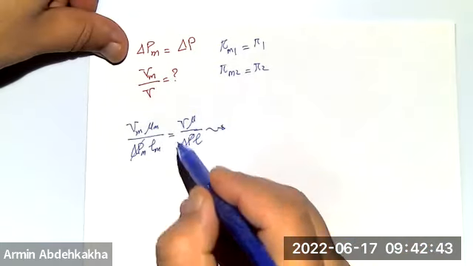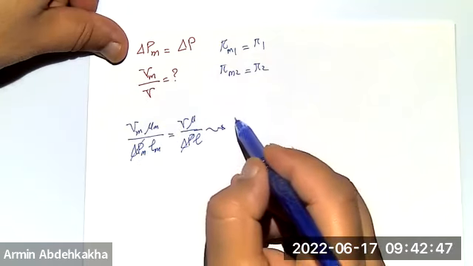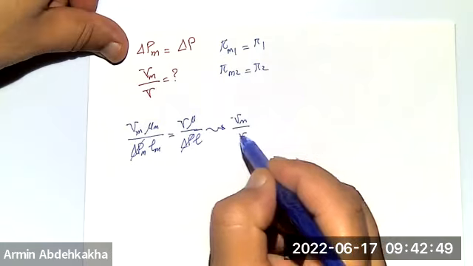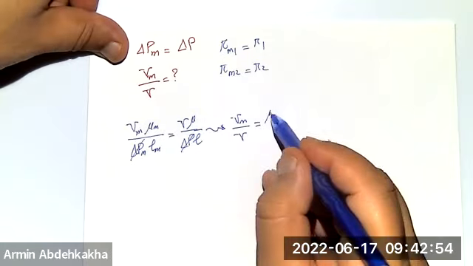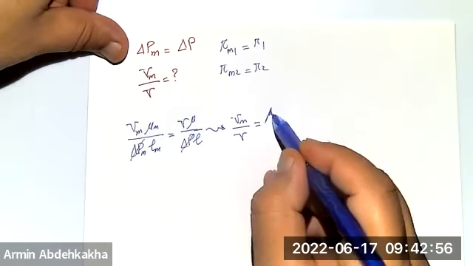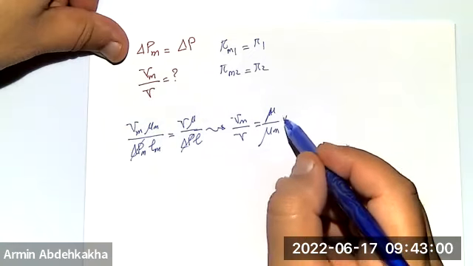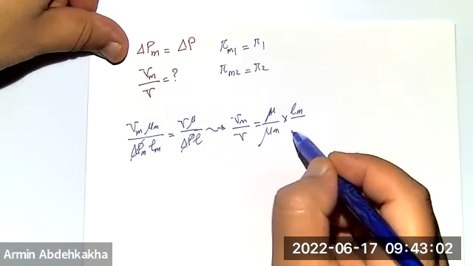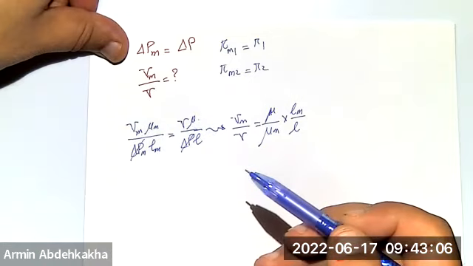Then you can bring V to the denominator, and Vm over V equals mu over mu m times Lm over L.